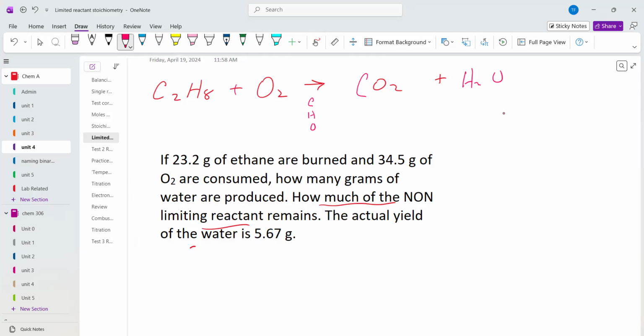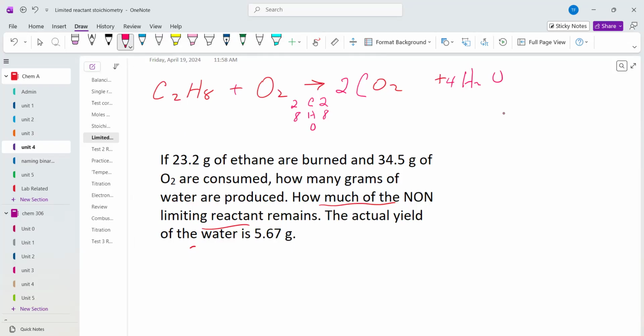Okay. So we've got 2 carbons on the left, 2 carbons on the right. 8 hydrogens on the left, 8 hydrogens on the right. Oxygens. How many oxygens do we have? Well, we've got 4 and 4 is 8.